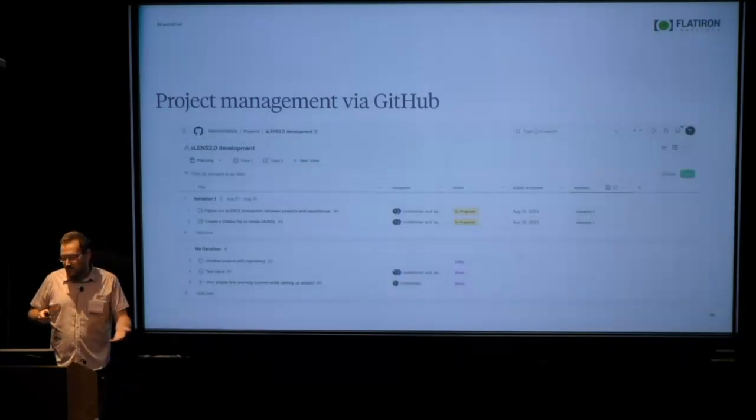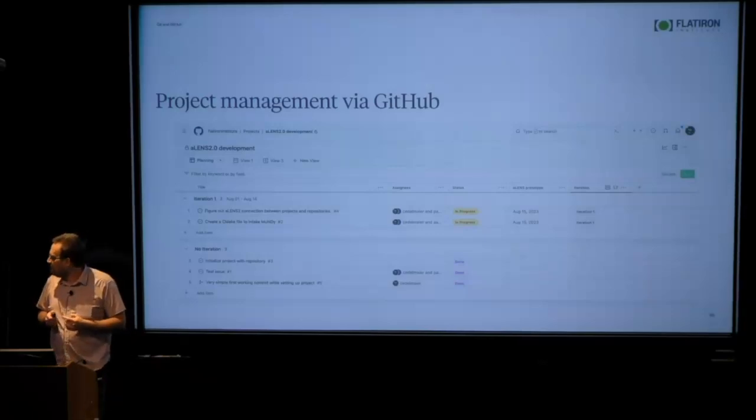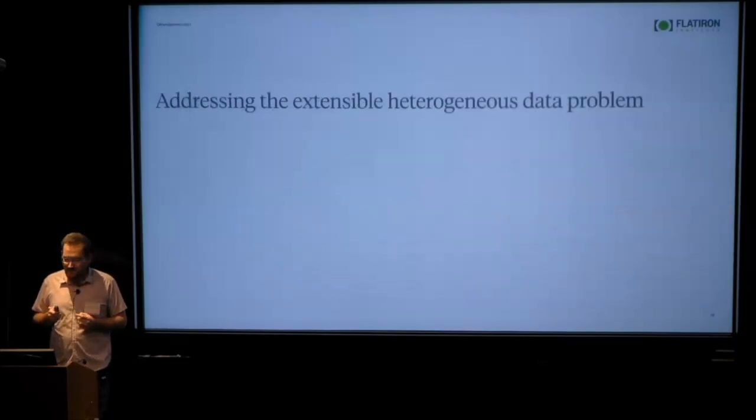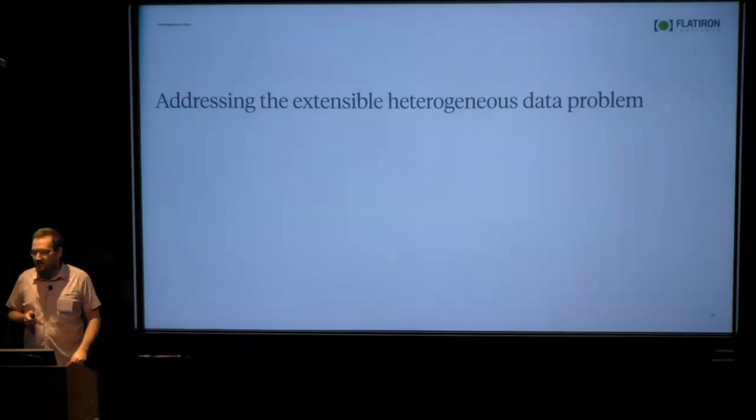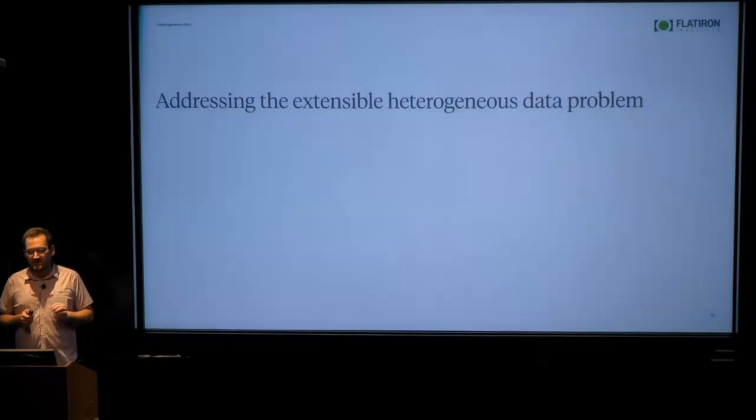You can also do project management, which we're working on, which is designing, let's say, deliverables for a software project: what pieces you want to work and when you want them. These are just examples of what we're attempting to flesh out right now. Okay, so we know what we're going to do. We're going to build this in Git, which you should always do for any project so you don't have this v50.cpp problem. Okay, how do we address this extensible heterogeneous data problem?